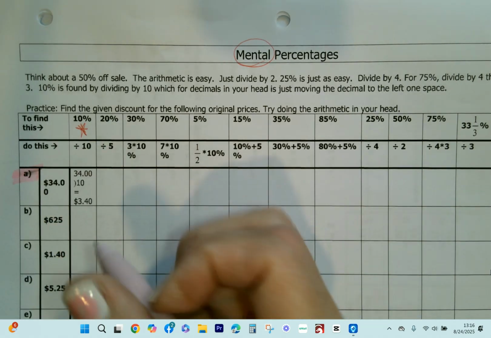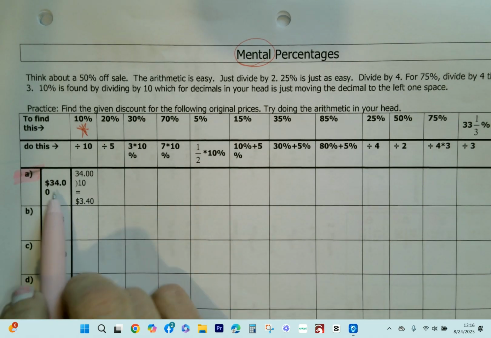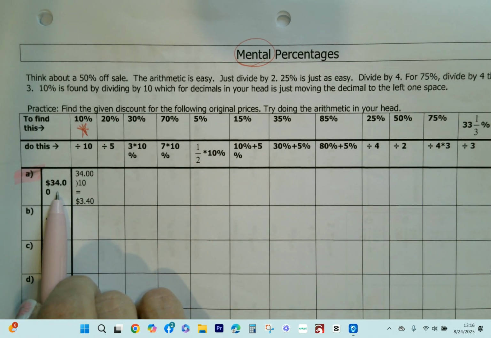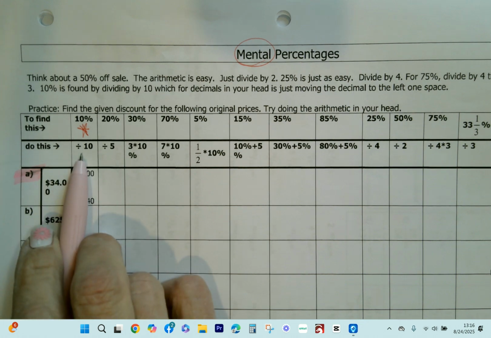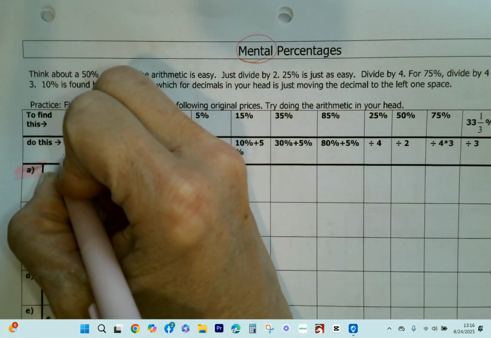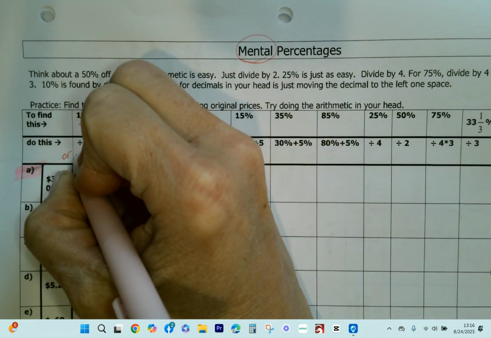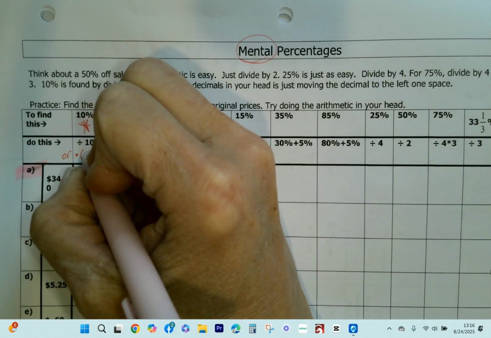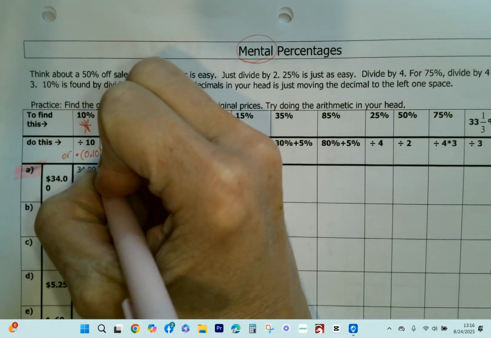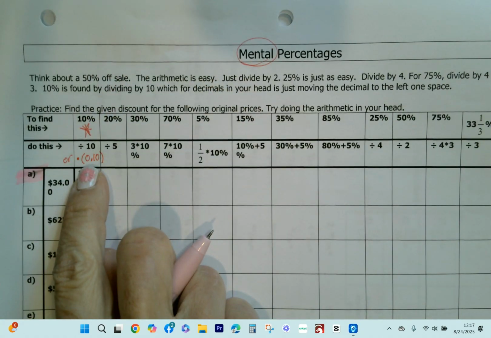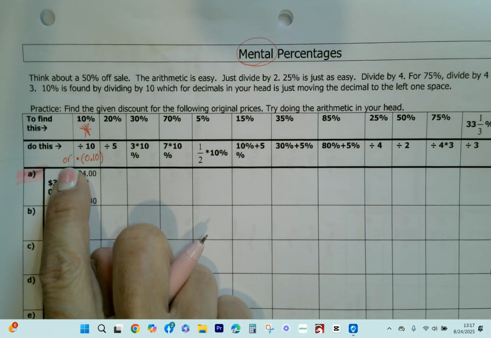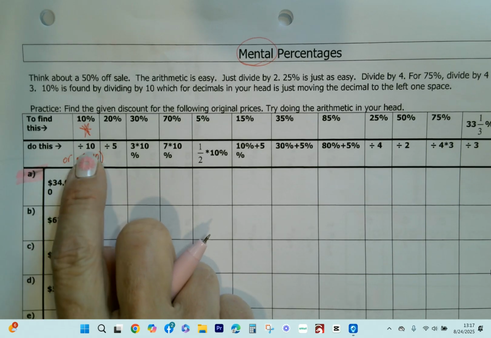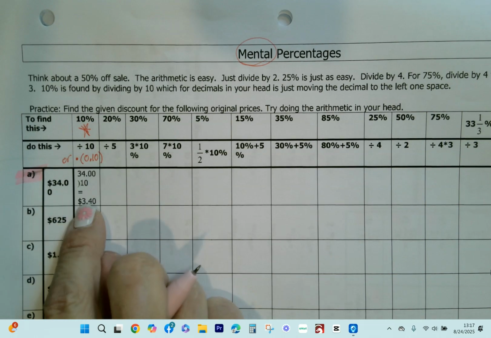So if you want to find 10% of a number, you can divide by 10, okay? Or you can multiply by 0.10, okay? That would be the same thing. So 0.10, you're going to have to multiply by that, or you can divide by 10. That will give you this.